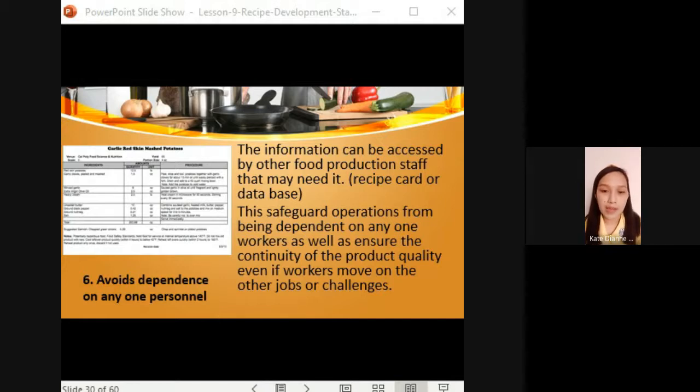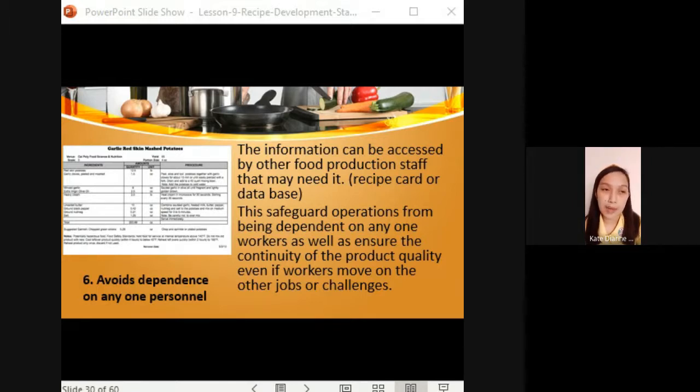So, di ba, for example, nanonood ba kayo sa SpongeBob? Di ba meron sila doong iniingatang secret recipe na hindi makuha-kuha ni Plankton. So, kung makikita nyo doon, pag meron tayong standardized recipe, this means the whole production, alam kung paano yun gawin.